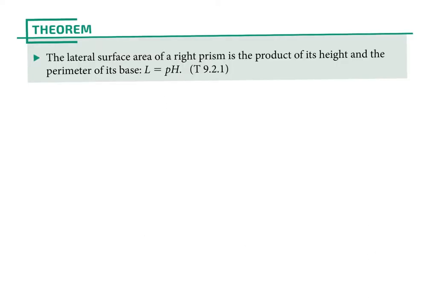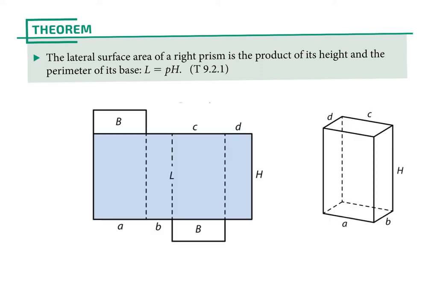I actually have the formula here. The lateral surface area of the right prism is the product of its height and the perimeter of the base. The perimeter of the base. Now let's look at what that means. So when you calculated your figure, some of you laid it out and you said, okay, I'm going to take this one and I'm going to add this one and I'm going to add this one and I'm going to add this one, all right?